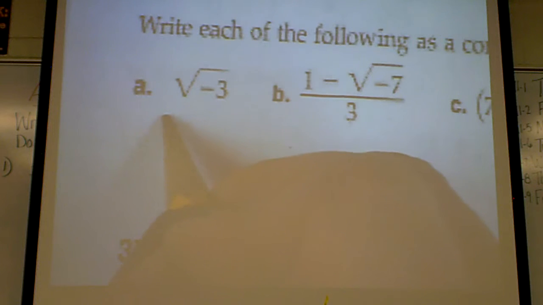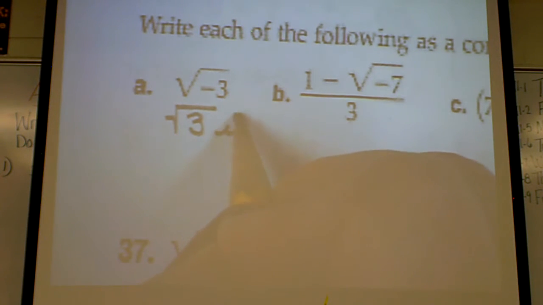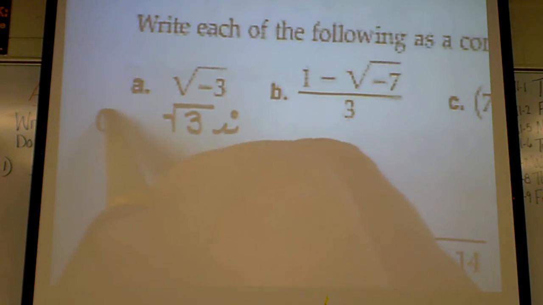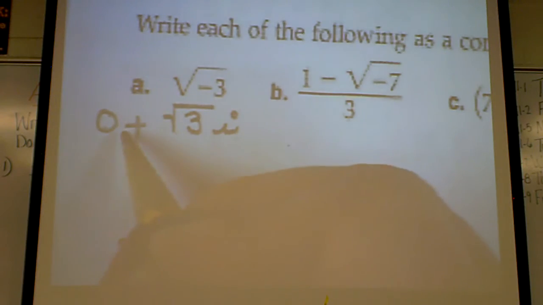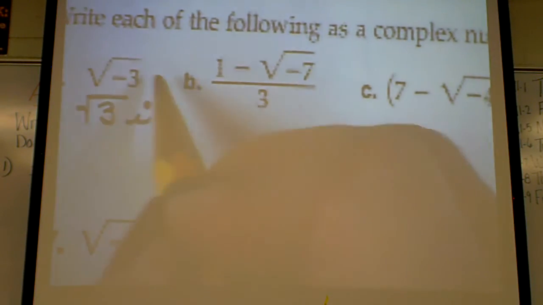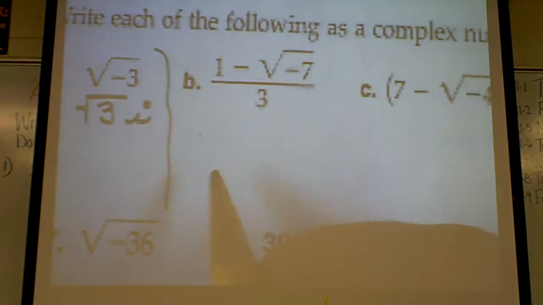What would you write here? Yep. That's your B value, bi. What's the real number? It's 0. You don't have to put that 0 there, but 0 plus root 3 i. You do not have to put that 0 there. How would you rewrite B?